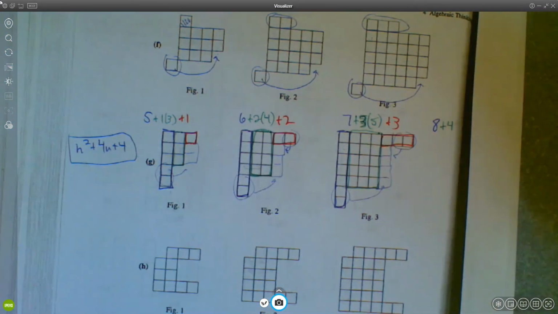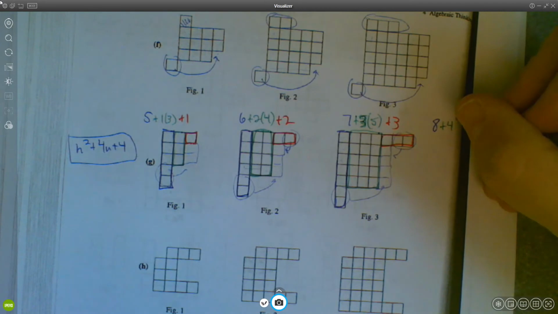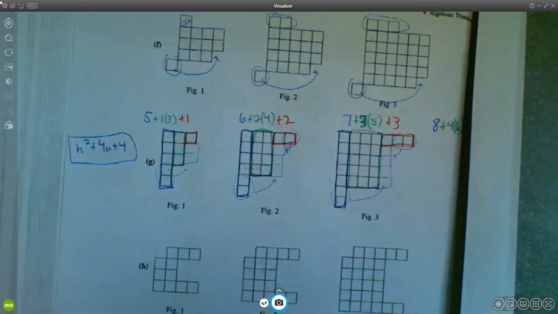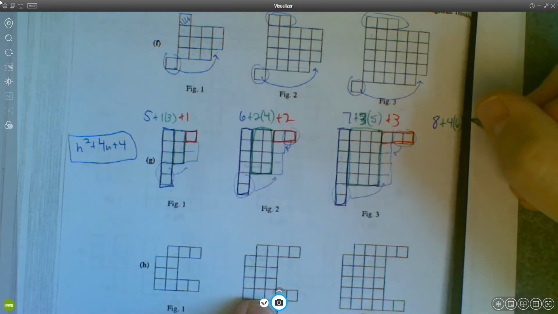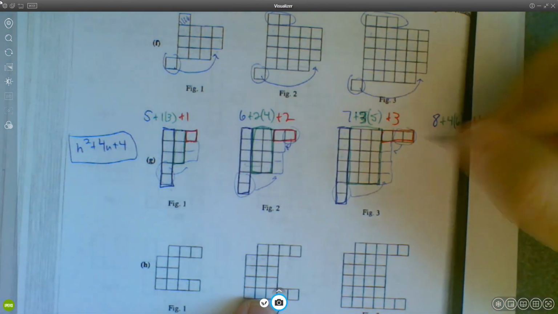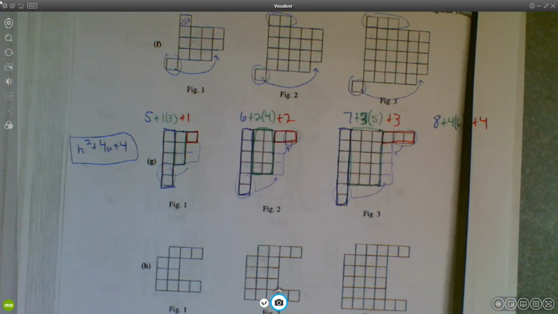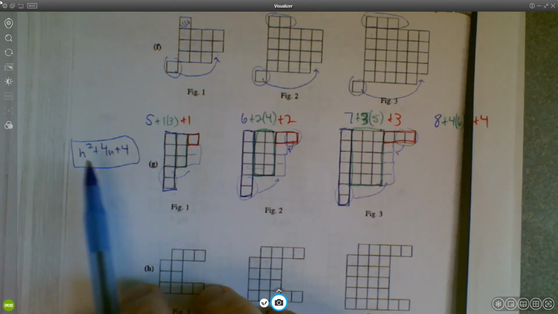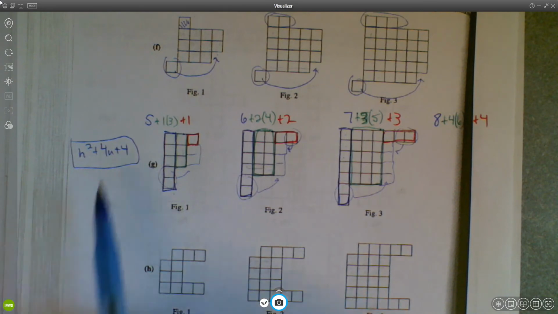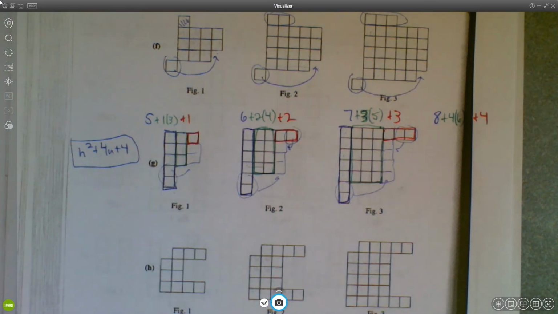Ooh, I'm going to run into the black part. So for figure 4, you can extrapolate that, and then you can come up with the pattern that way. You should end up at the same place with the same answer. So a quadratic growth there.